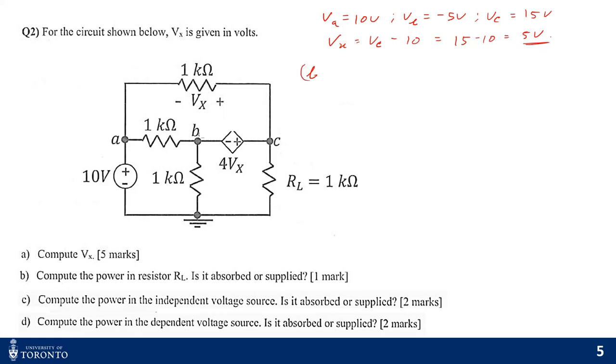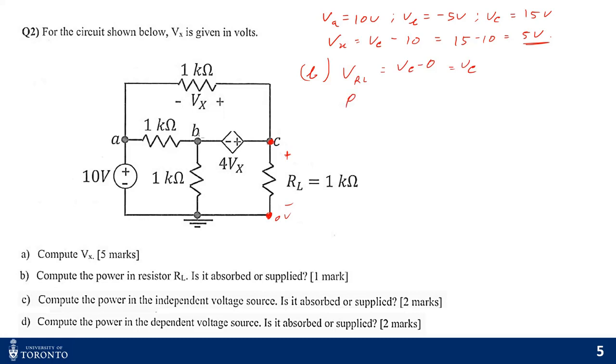Now for part B, you have to find the power absorbed or supplied by the resistance RL. The voltage across RL is basically VC, because that's the nodal voltage and the voltage at this point is 0 volts. So VRL is VC minus 0, which is equal to VC.